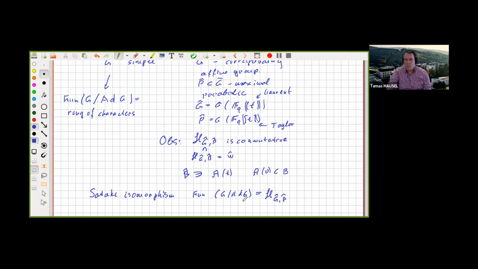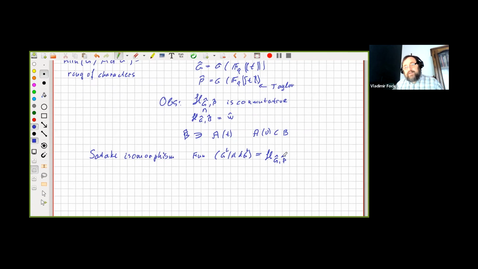But don't you have to take Langlands dual groups? Of course. Yeah. I just wanted to, but strictly speaking it's not true. You need to take the Langlands dual, and it is more or less obvious why you need to do that, because it doesn't work without taking the Langlands dual.